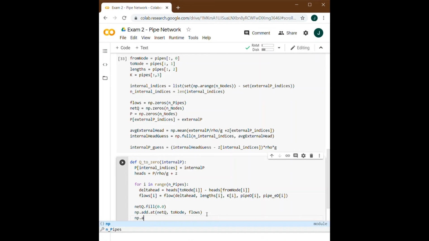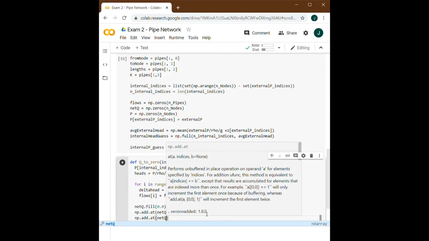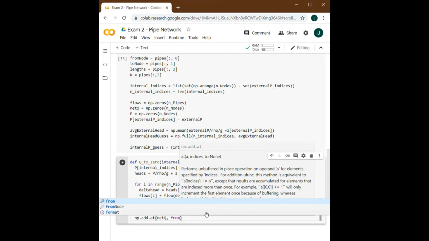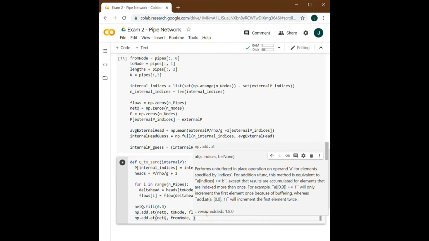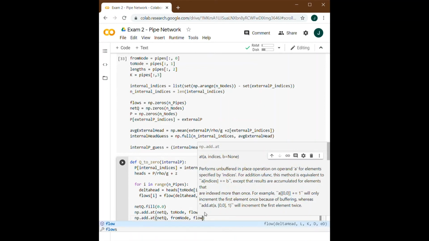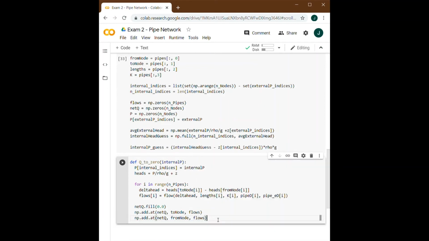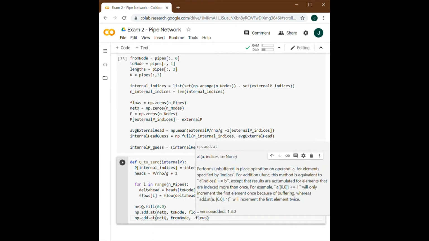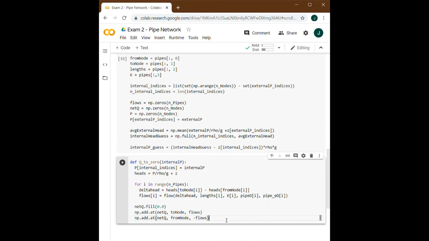And we're going to do the same thing with the from nodes. So net Q from node flows. Now, because we defined it in this delta head that our to node was positive and our from node was negative, we're going to make this flow negative. So we're subtracting the from node flows and adding the to node flows.